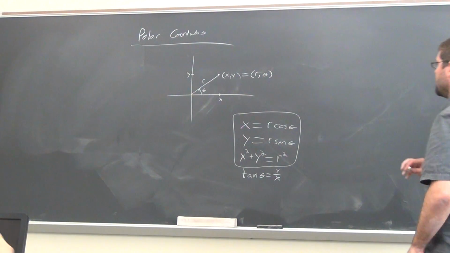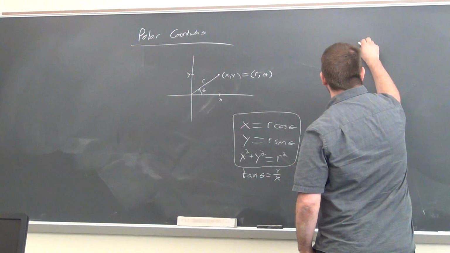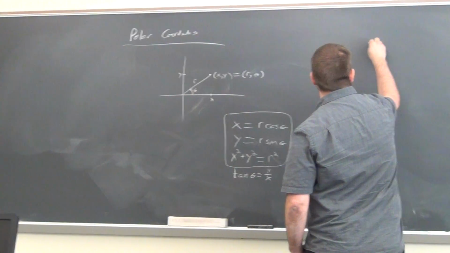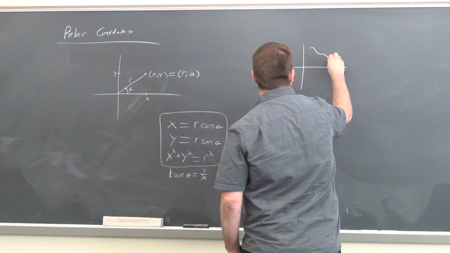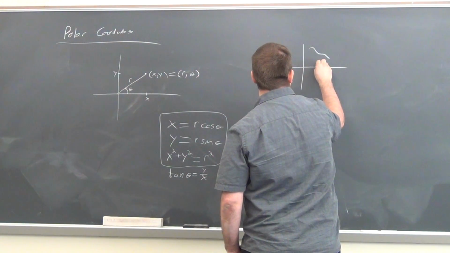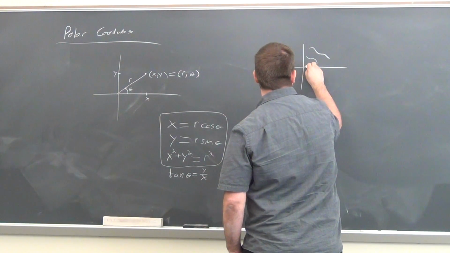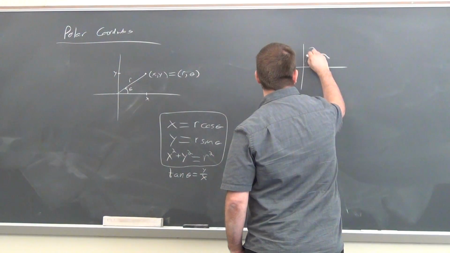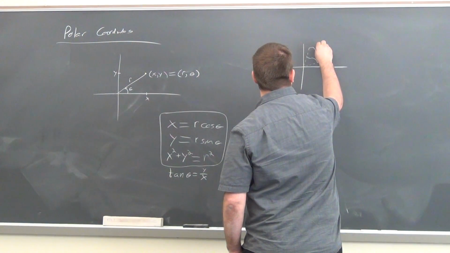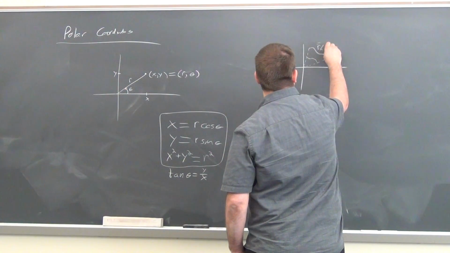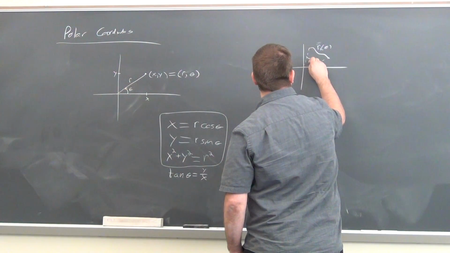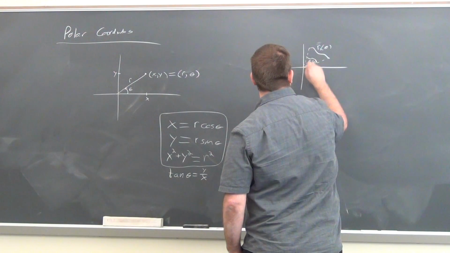And I'll just say here, polar curves kind of look more like this. So here's a polar curve, r1 of theta, r2 of theta.